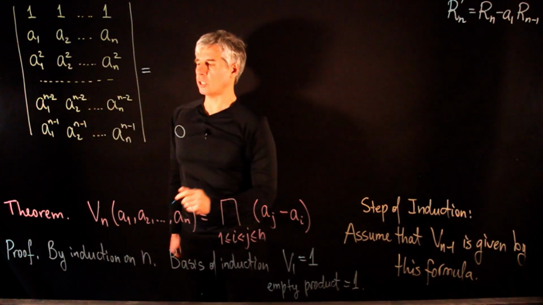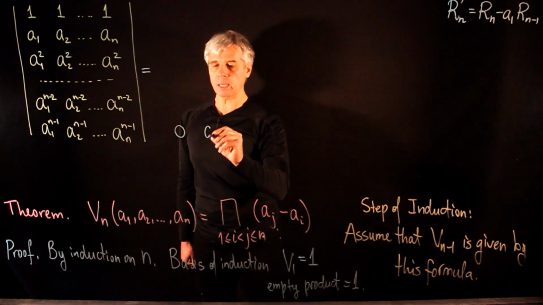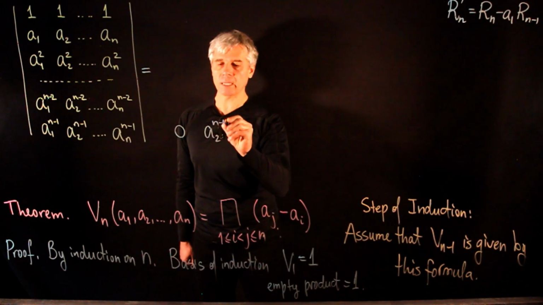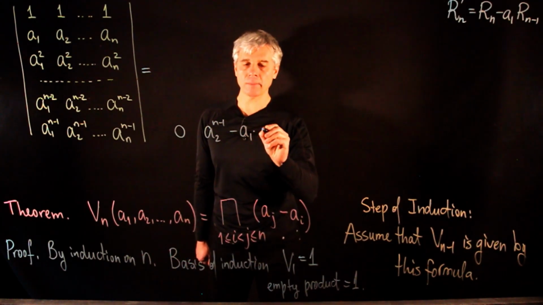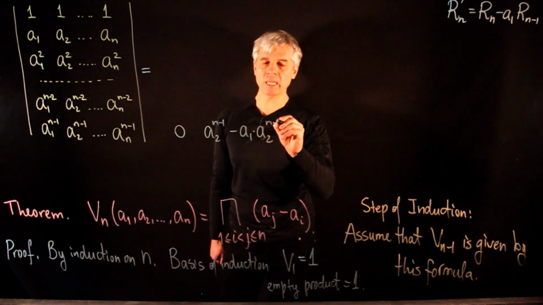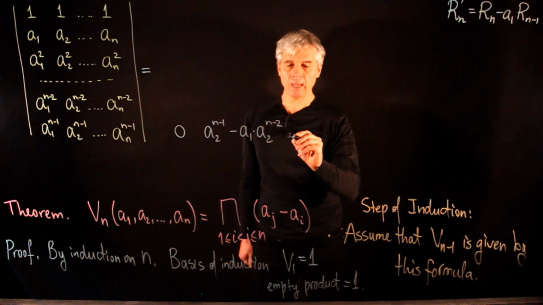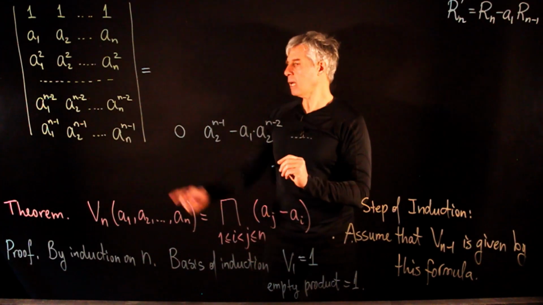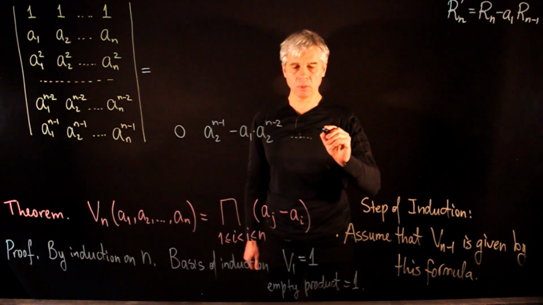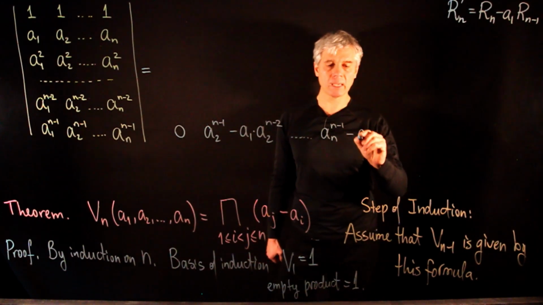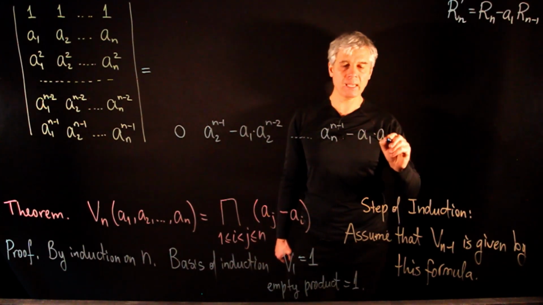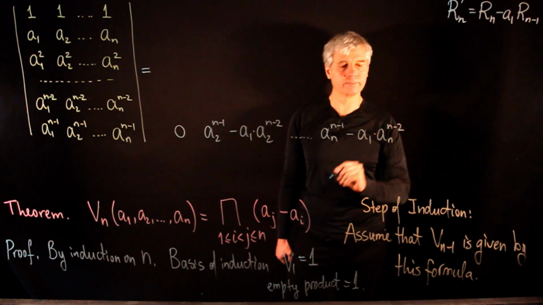In the next position, we're going to get a2 to the n minus 1 minus a1 times a2 to the n minus 2. And in the last position here, we're going to get an to the n minus 1 minus a1 times an to the n minus 2.